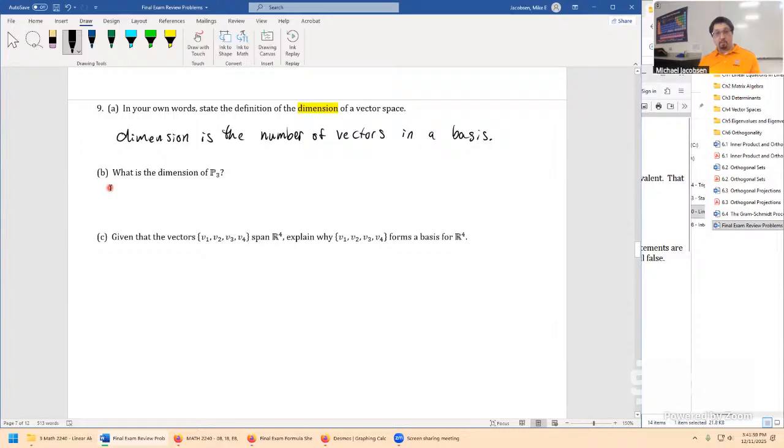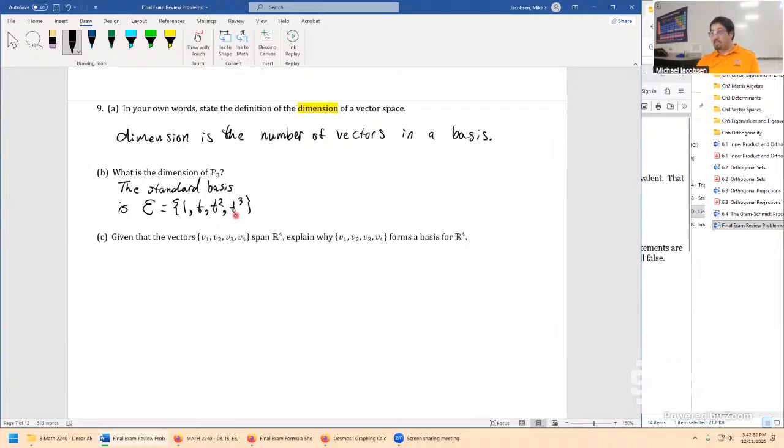It allows us to address part B, the dimension of P3. We can first write down the basis. The standard basis is cursive E or script E, written as 1, t, t squared, t cubed, because P3 is the set of all polynomials of degrees at most 3, so we have to go up to that term there.